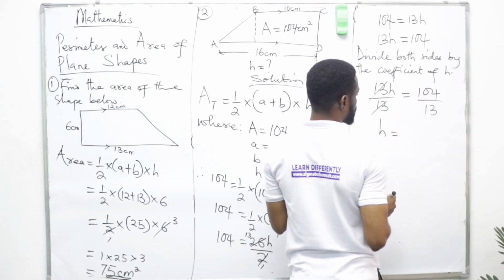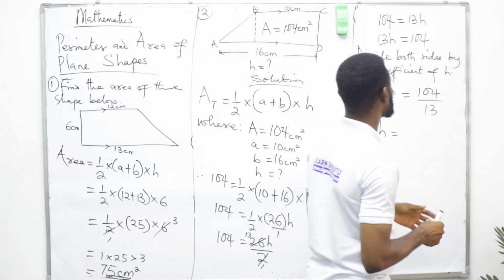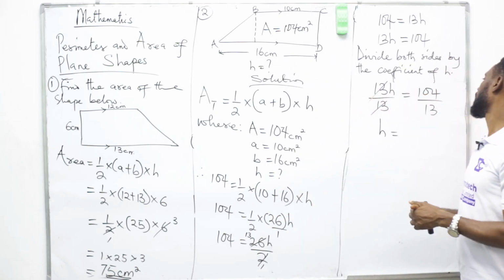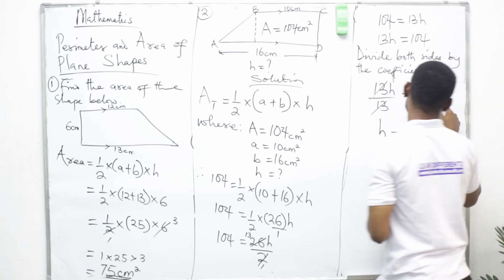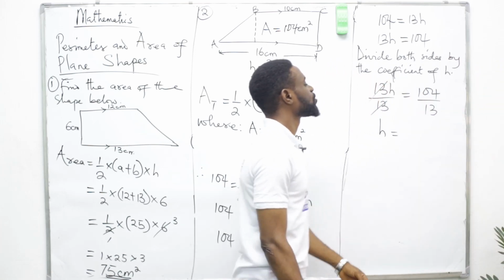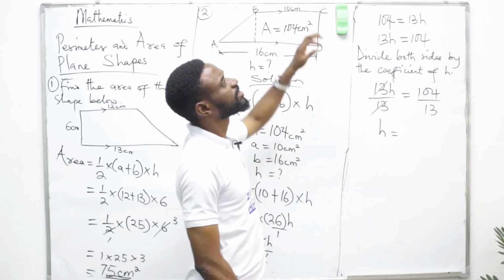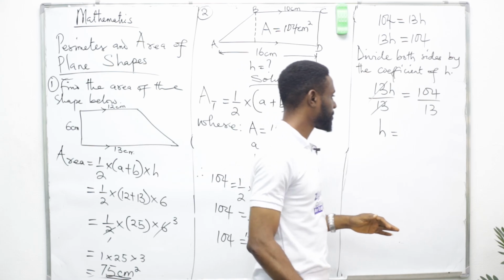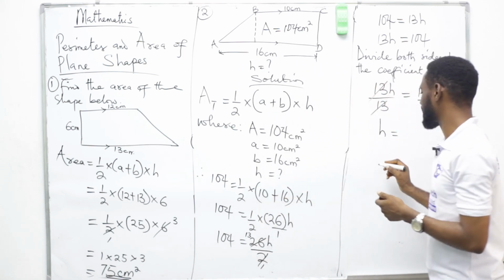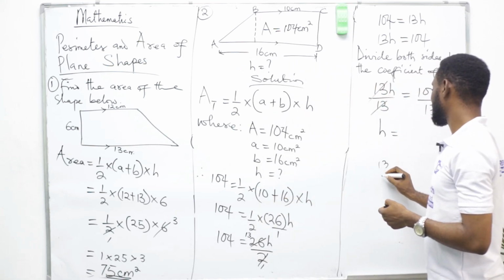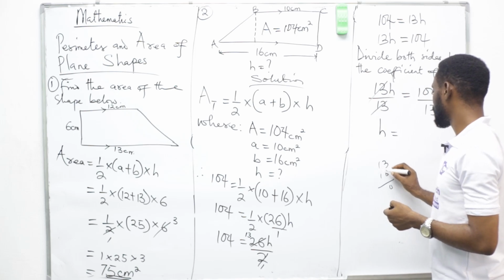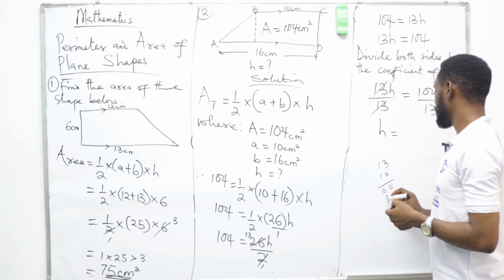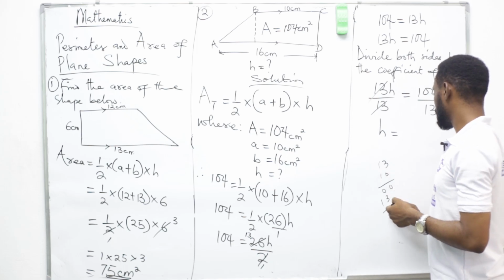So that now leaves us with, how many times will 13 go into 104? So let's see. 13 into 10. 13 times 10 is 130.